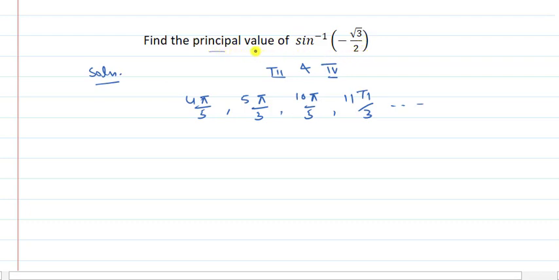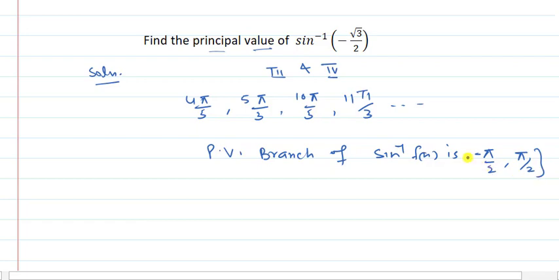But as we need to calculate the principal value, and we know the principal value branch, which we wrote down in the previous question, the principal value branch of the sine inverse function is minus pi over 2 to pi over 2 in closed interval.